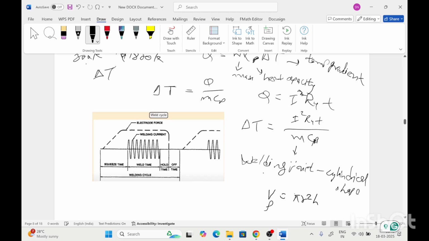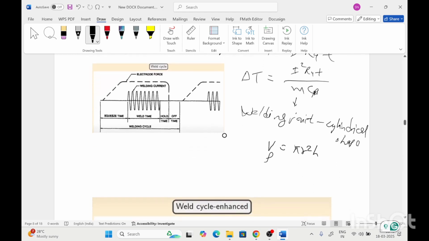With the density known, we can calculate the mass of the welding joint, and accordingly the temperature gradient of the welding joint formed.